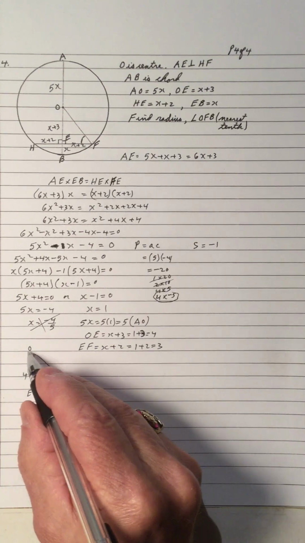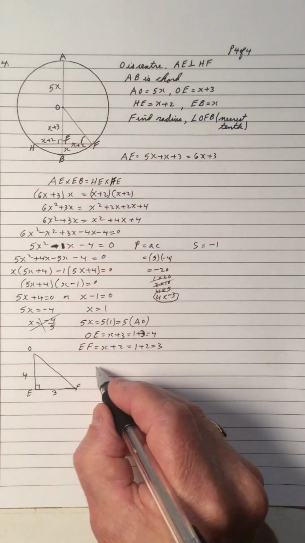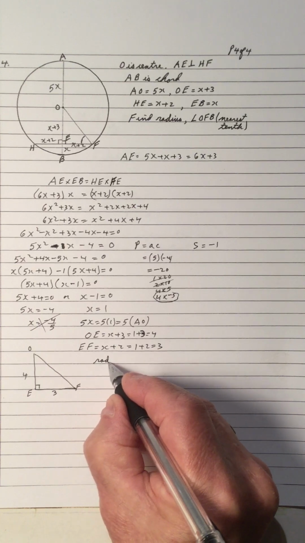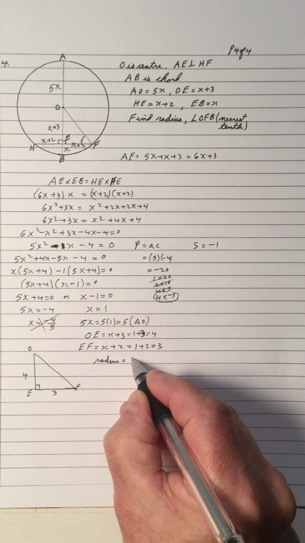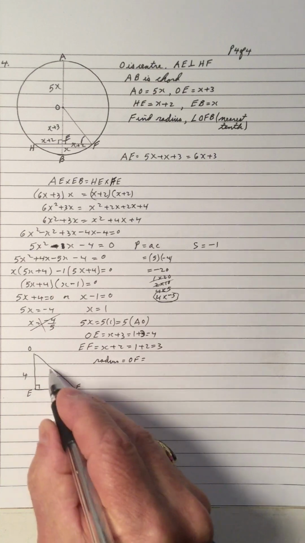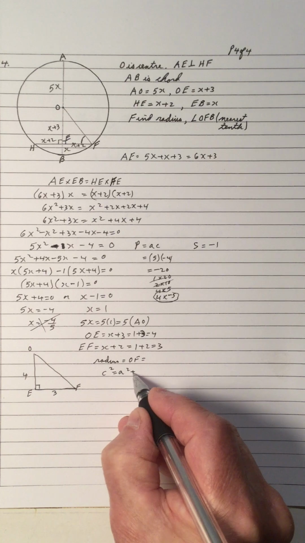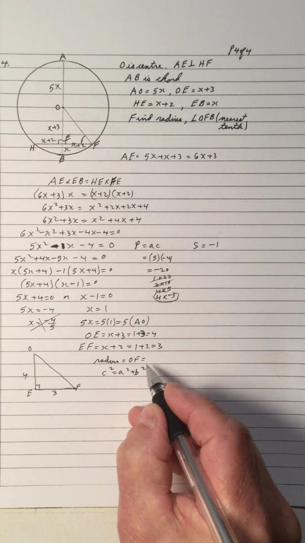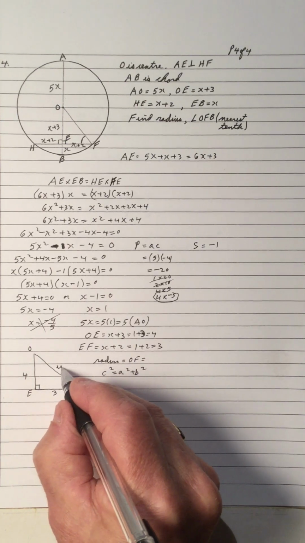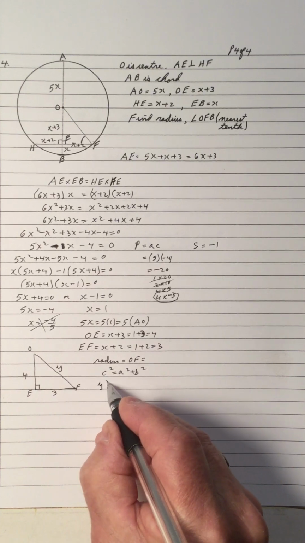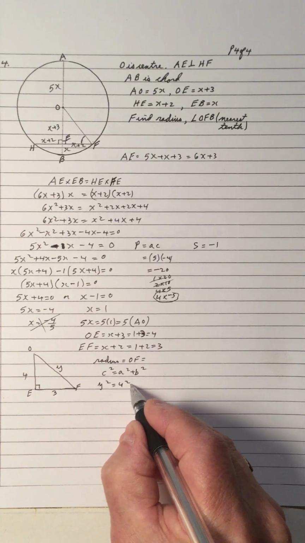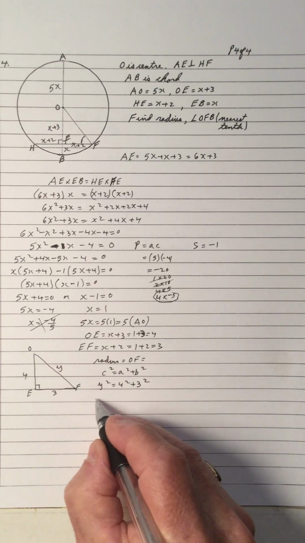So we want to find OF. So the radius is OF. Let's see what OF is. We have a right triangle, so c squared is a squared plus b squared. So we call this a y. So y squared is 4 squared plus 3 squared.